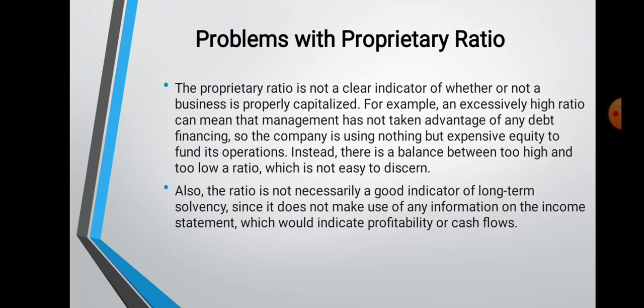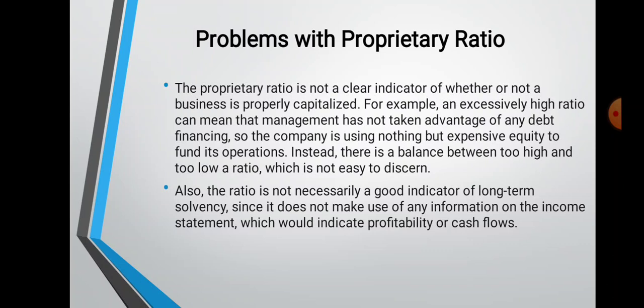So, problems with the proprietary ratio. The proprietary ratio is not a clear indicator of whether or not a business is properly capitalized. For example, an excessively high ratio can mean that management has not taken advantage of any debt financing, so the company is using nothing but expensive equity to fund its operations.